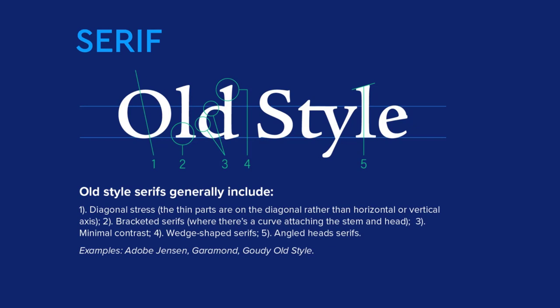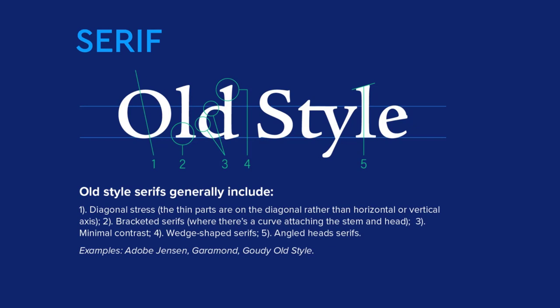We have minimal contrast, as highlighted in number three. Where we highlighted number four, you can find wedged edge serifs. We also have angled head serifs, as you can find there, the top of the L is angular. Examples of this are Adobe Jenson, Garamond, and Goudy Old Style.